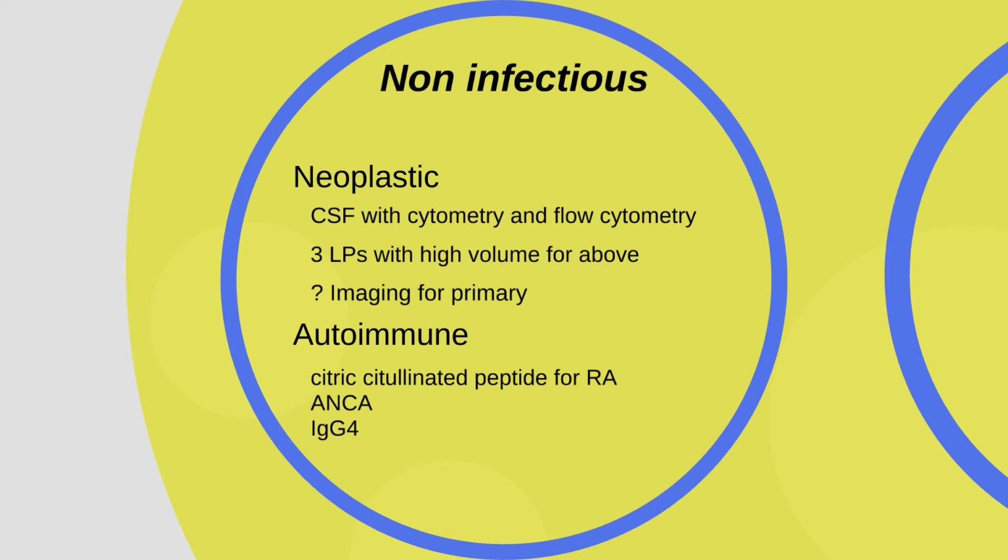The autoimmune disorders, you can check these with blood tests, two of which I had never heard of before I read the article. One is called cyclic citrullinated peptide, which apparently diagnoses rheumatoid arthritis, the ANCA, and IgG4.